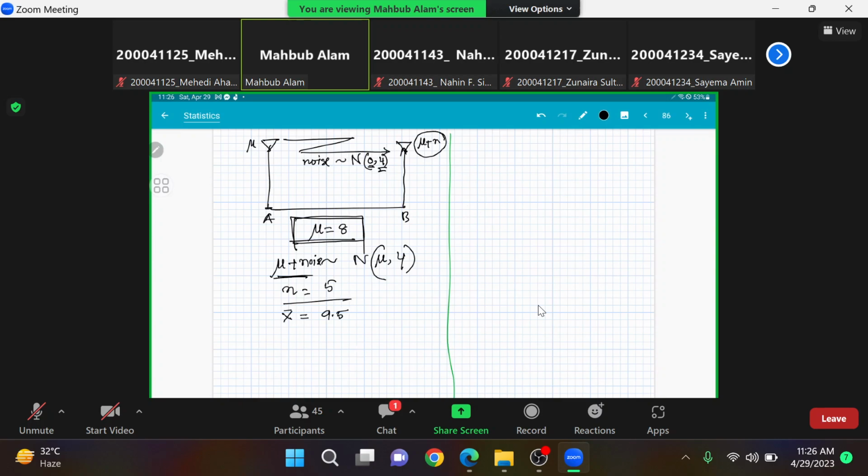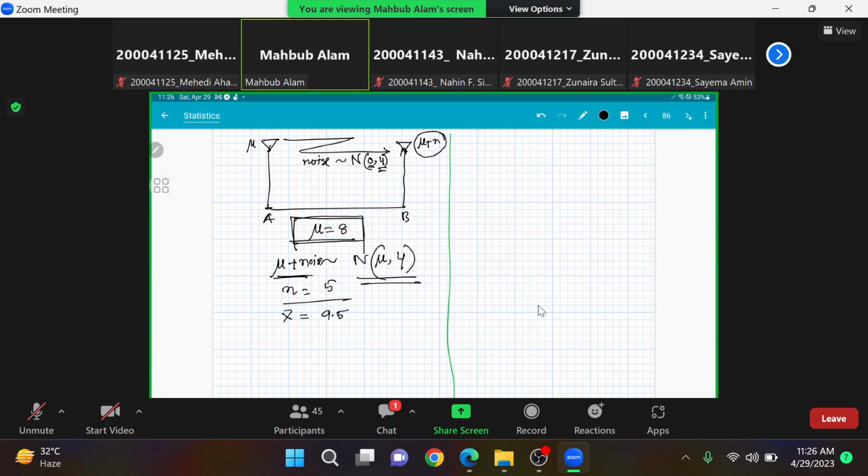And not to mention that the received signal is normal. So X bar is normal, not approximately normal by CLT. It is normal because it is the average of 5 normal signals.